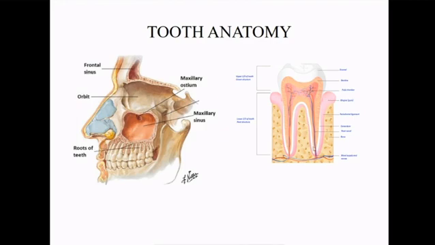Abscess can go to the apex of the tooth here. So the apex here, we call it periapical abscess. So it can burst through the thin plate of floor of the sinus and then appear in the sinus here. So the infection from the roots here can go into the sinus.